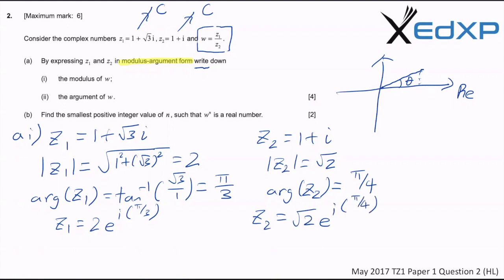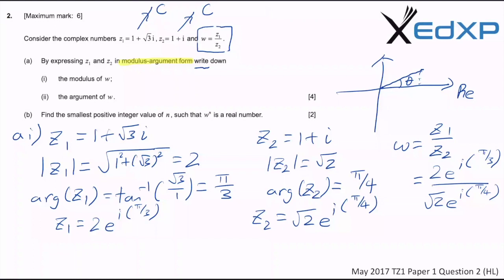So when we take W, which is Z1 over Z2, we have 2 e^(i pi over 3) divided by root 2 e^(i pi over 4). I have a rule that I teach my students, MDAS.